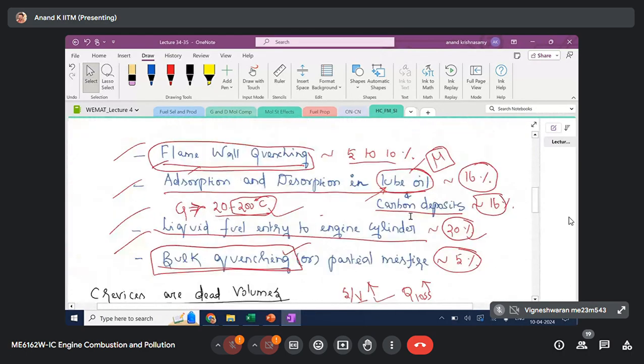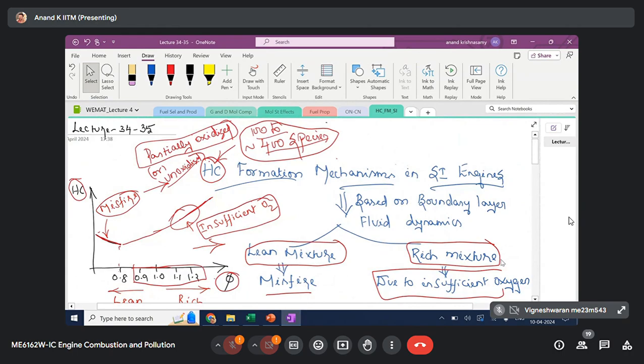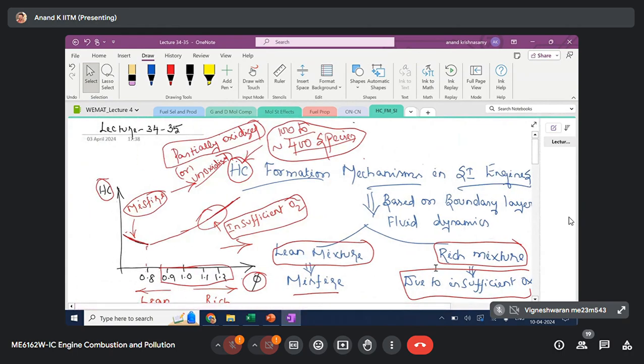Under those conditions, you will have this bulk quenching, or misfire, because the flame is not available in the cylinder to ignite the mixture. So you will have a considerably high proportion of SC carried away through the exhaust gas. Clear? So these are the mechanisms for SC formation in a spark ignited engine.